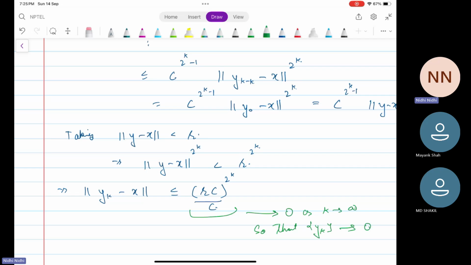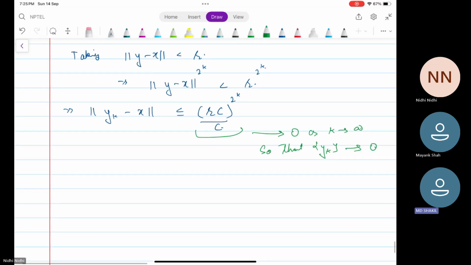Now if I take this r such that r times c is strictly less than 1, in that case we'll get this convergence. Yk tends to x.